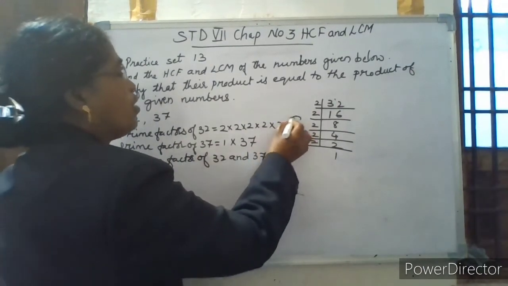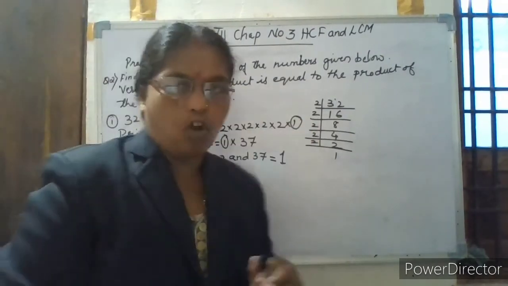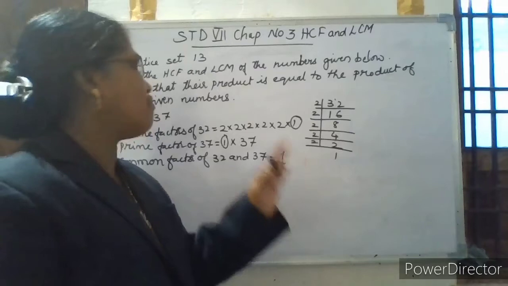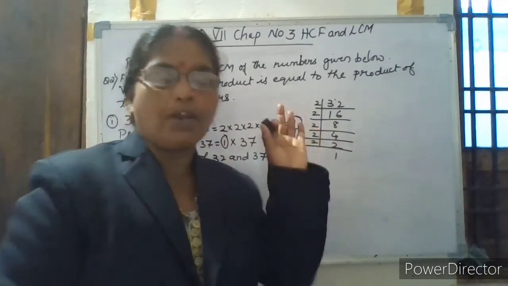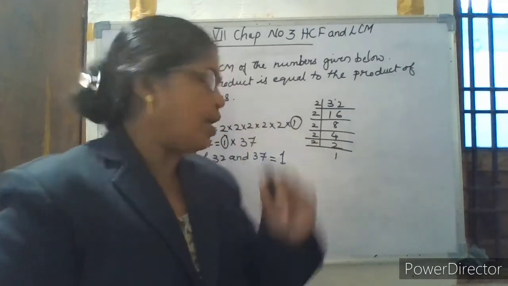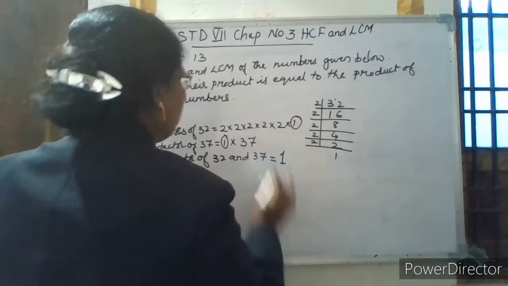So you can see that 1 here and 1 here are common. When you don't find any common factor, then always the common factor of those numbers is 1. So the common factor of 32 and 37 is 1.